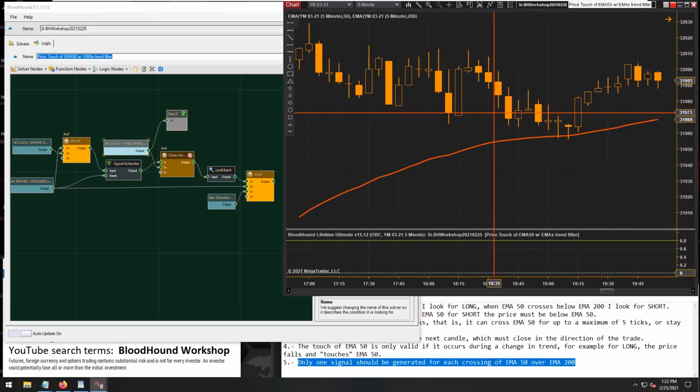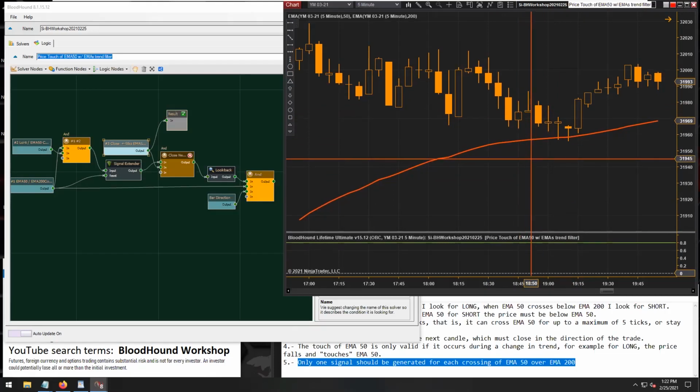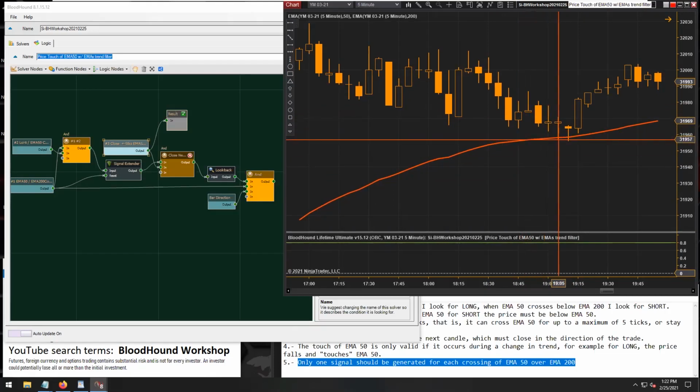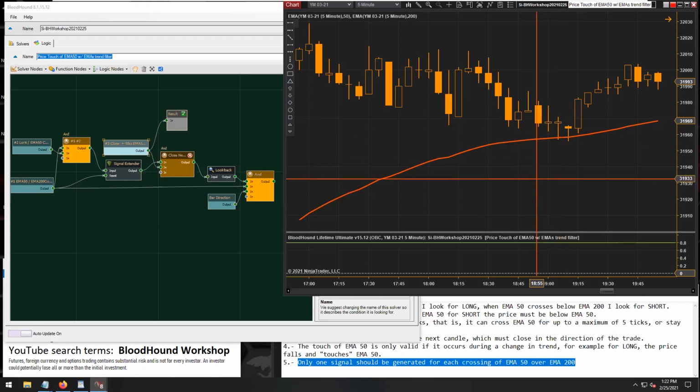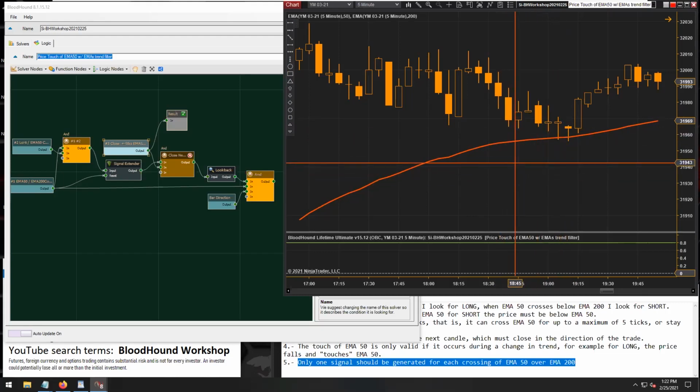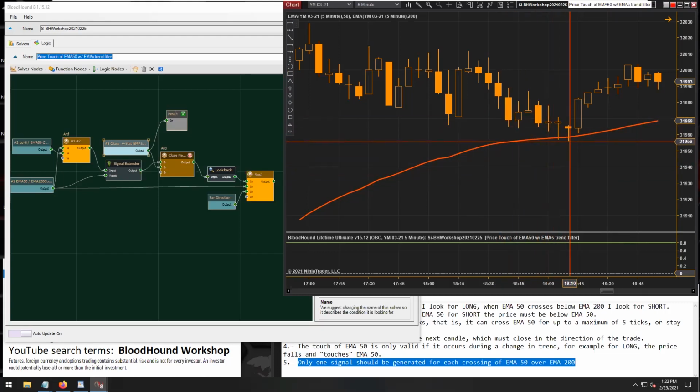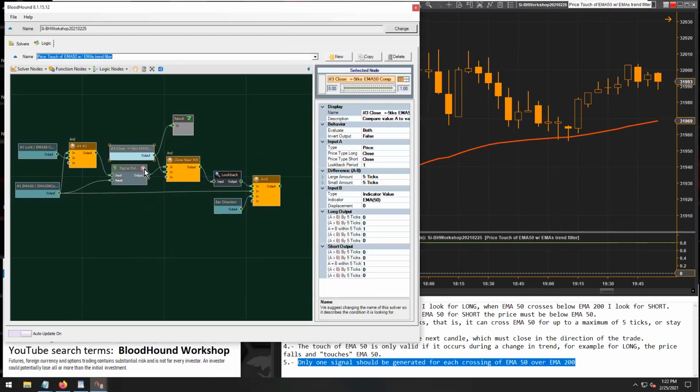These kind of bounce trades are pretty tricky, because sometimes it's just the wick that comes down and gets close enough to our moving average, and sometimes the close of the bar does. So if you want to include the wick of the bar, I think all that's going to require is just a simple modification here.